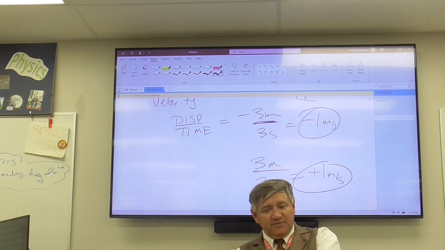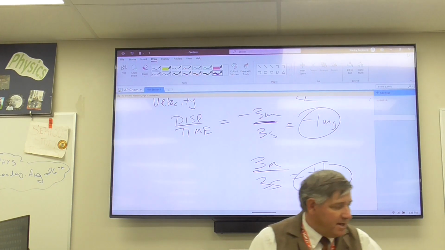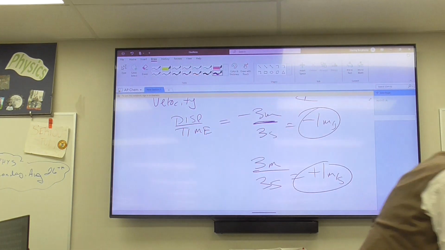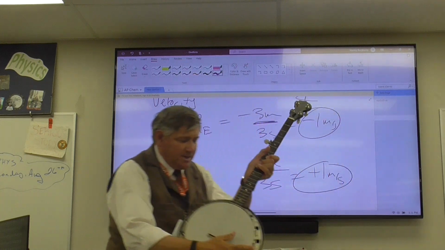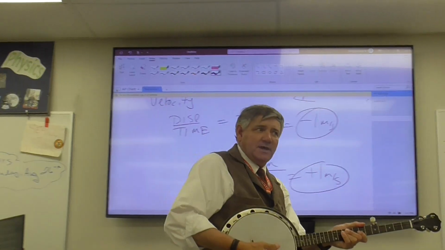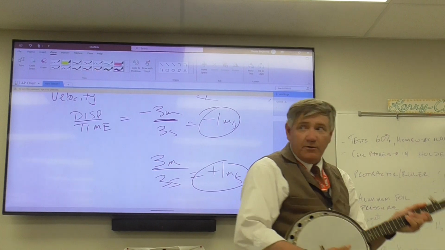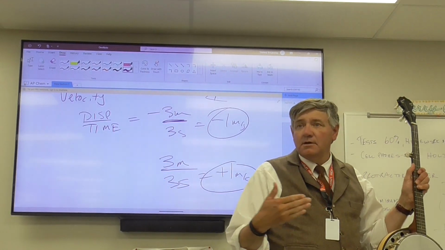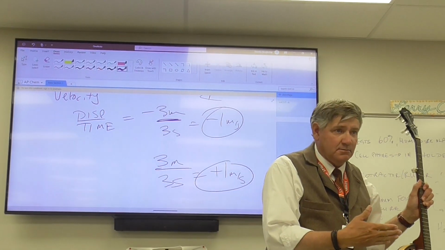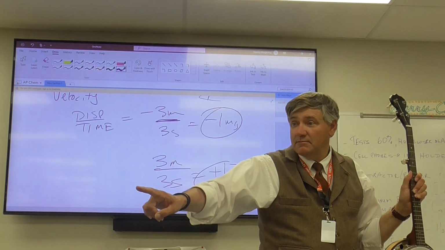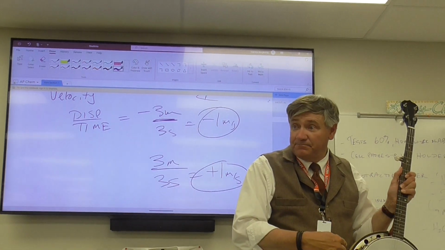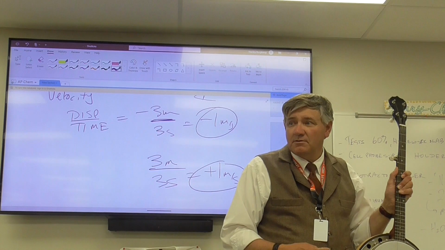I had positive velocity, and I was going this way. If I happen to keep going past the reference point like this, did my velocity change sign? No. Why? Because in terms of the banjo, the banjo passed the reference point.